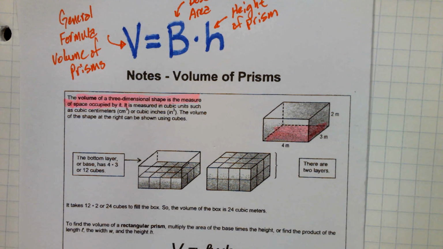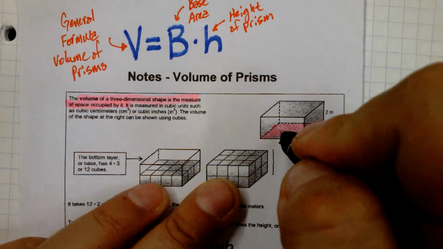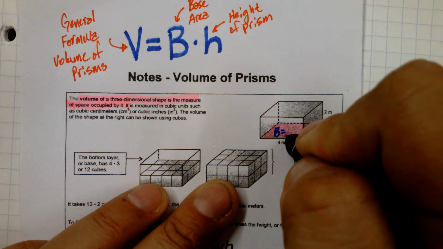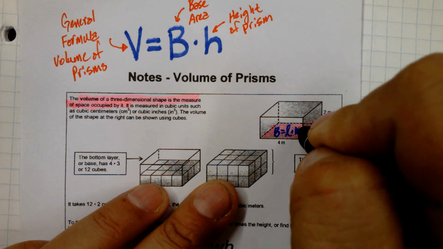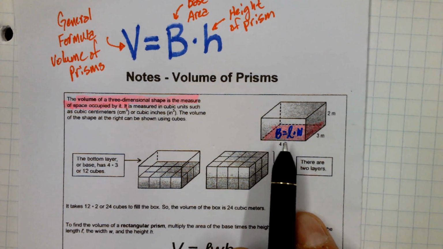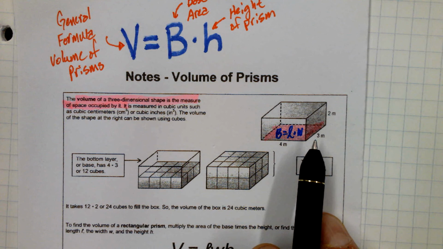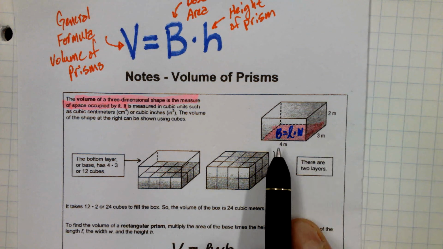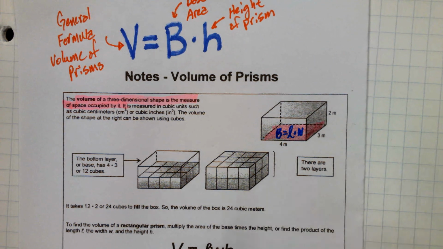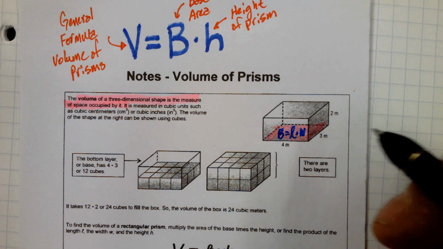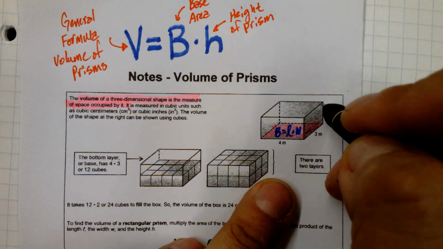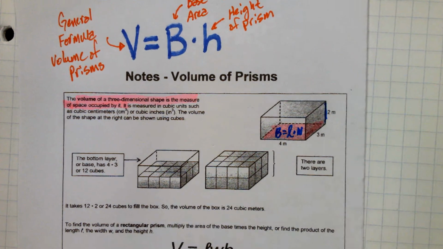Do you remember the formula for the area of a rectangle? Length times width. So to find the volume of this rectangular prism, you would find the area of the base, it's length times width. So you would basically multiply 4 times 3, and then multiply it times the height, which is 2.